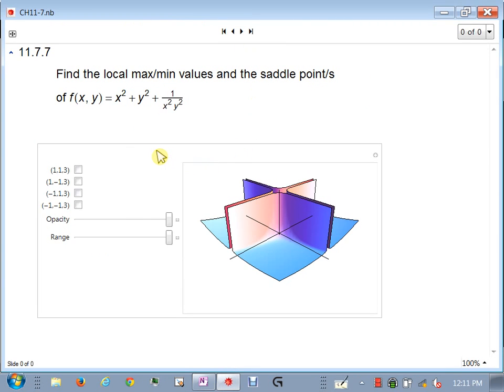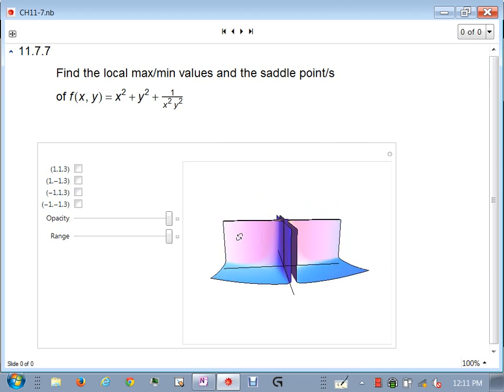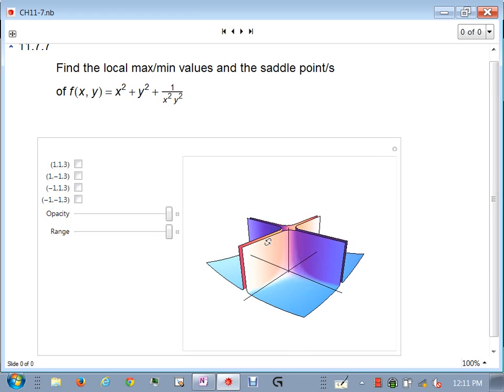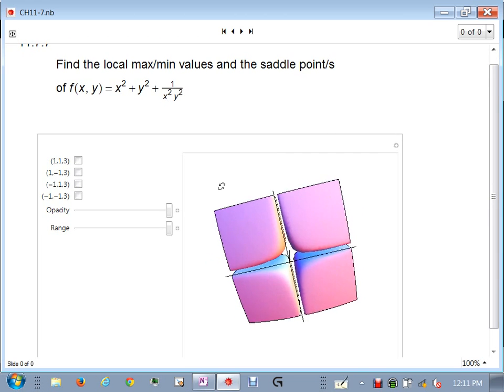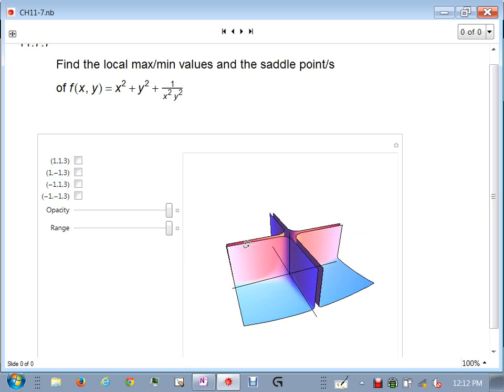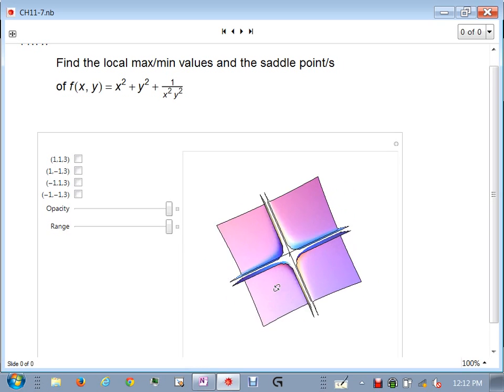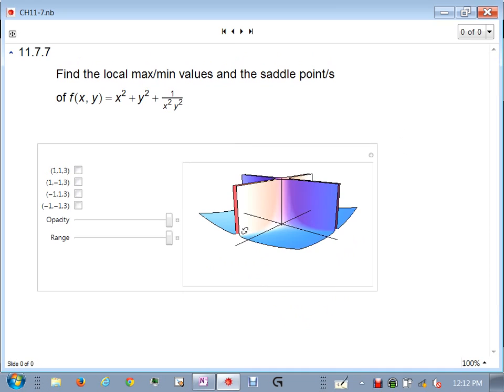All right, so our function's x squared plus y squared plus 1 over x squared y squared. I think it's a really cool graph. You have these asymptotes. Y'all see those? Where is this thing not defined? Domain-wise, what can you not plug into this?